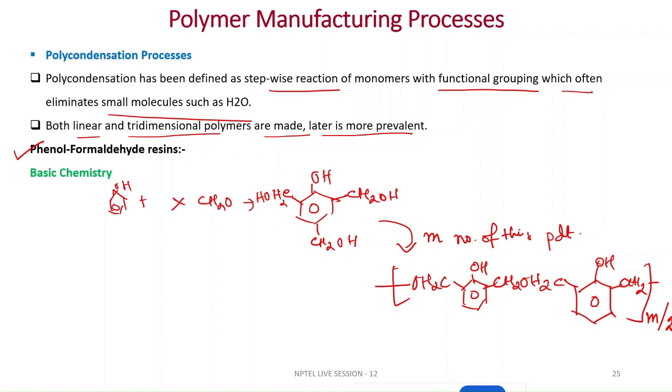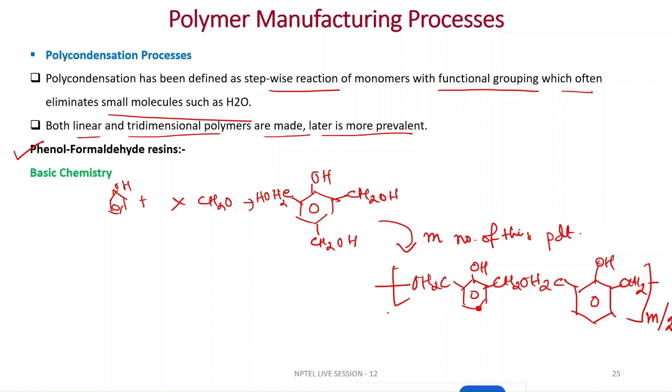Substitution here of a non-functional group in the fourth position will block the cross-linking possibilities.